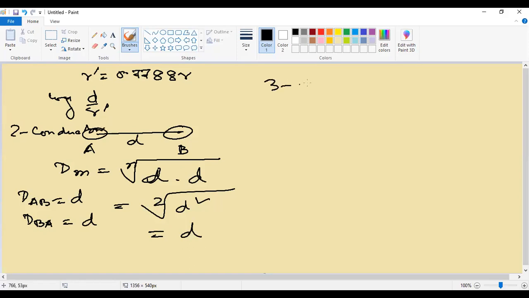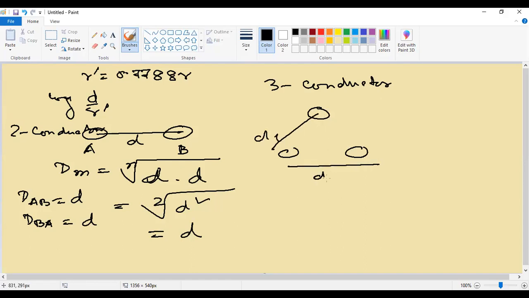Now for a three conductor system, let us say their mutual distances are something like this. This is, for example, D1, this distance is D2, and this distance is D3. Now in this case, what will be your DM value? Can anyone tell?